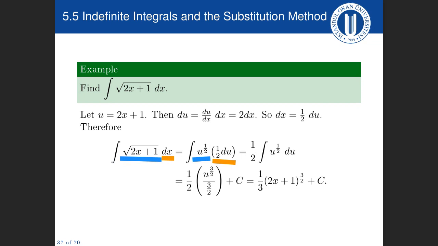So we've taken our complicated integral, a slightly difficult integral, and we've changed it into a half integral of u to the power of a half du. We've changed this into an easier integral. And then after that, the last line you should be able to do yourself, so I'll leave that for you to check.